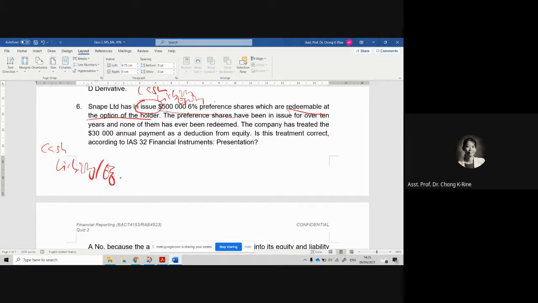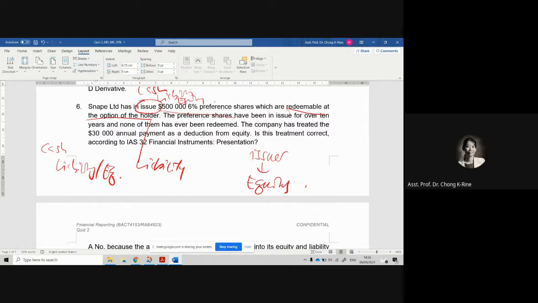Now, redeemable means the preference shareholders can redeem, based on their investment, they can make the decision, they can choose. So if the preference shares are redeemable at the discretion of the holder, it will be a liability. If the preference shares are redeemable at the discretion or the option of the issuer, meaning yourself, it is an equity.